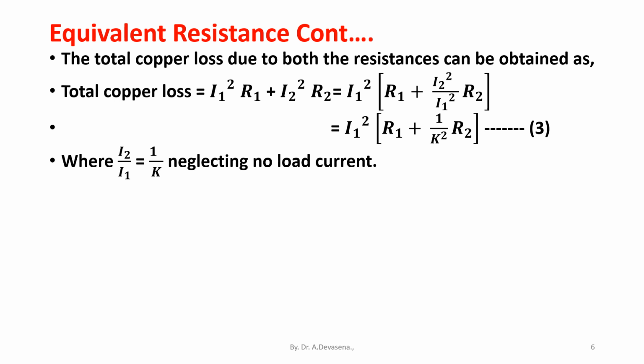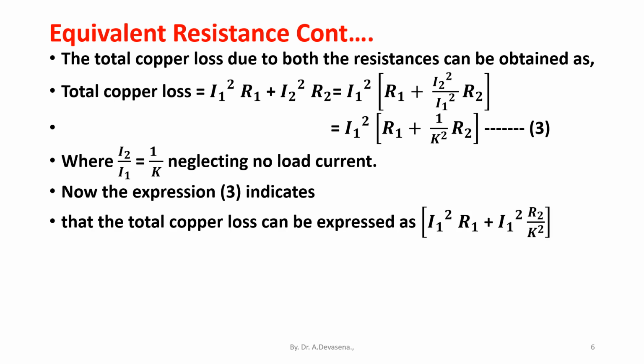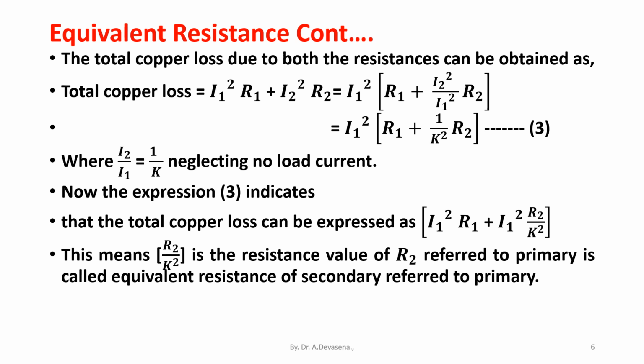Now equation 3 indicates that the total copper loss can be expressed as open bracket I1 square R1 plus I1 square R2 by K square. This means that R2 by K square is the resistance value of R2 shifted to the primary side, which causes some copper loss with I1.